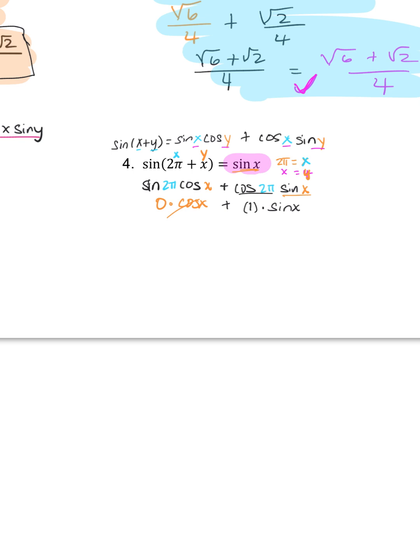So now I have a 0 plus sine x. So over here, I just have sine x. And so I need to put this down here showing, yes, it does equal what I started with. And it verifies it. Again, I do have to see this last step because it's showing to me that you know exactly what is what. Also, it helps you to conclude what your problem is.